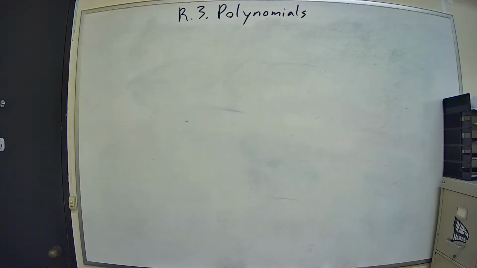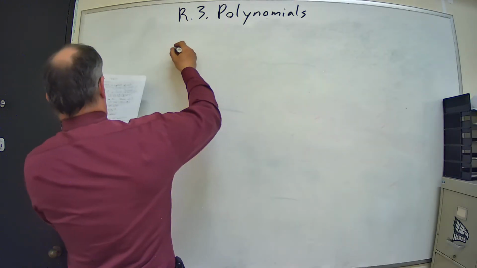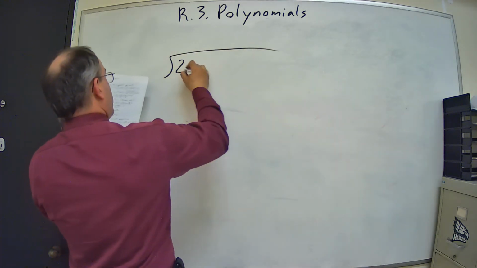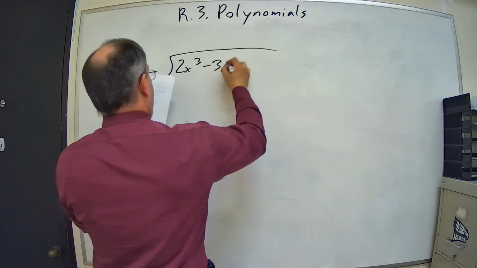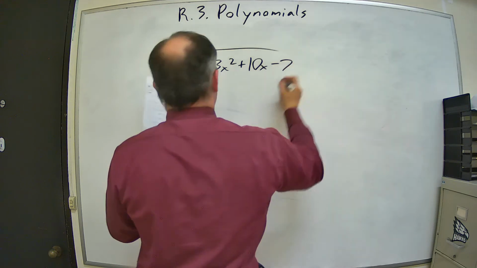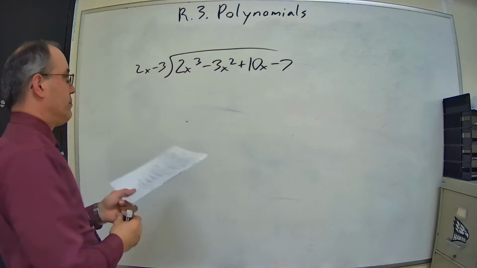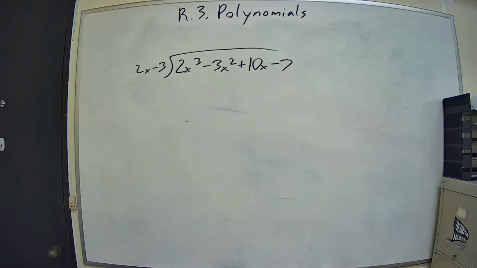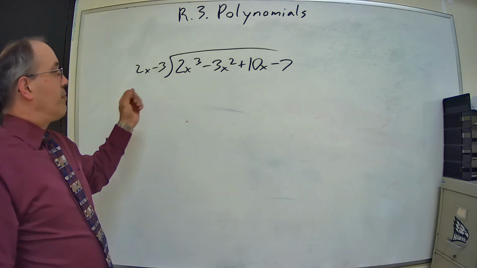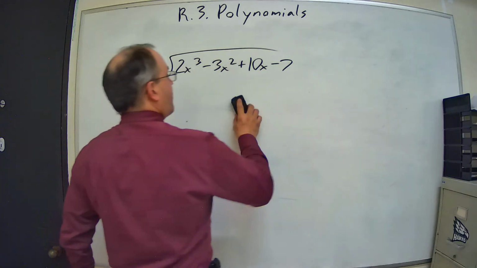Okay, so let's get another one here. What if we have, and I'm just going to write this out as the division already, 2x cubed minus 3x squared plus 10x minus 7 divided by 2x minus 3. And actually, let me modify this just because.